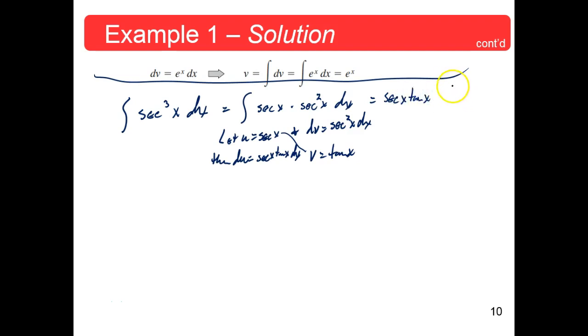Minus the integral of secant x tangent squared x dx. Somehow that's not looking a lot better, is it? Maybe we've gone down a rabbit hole and not really gotten a rabbit.